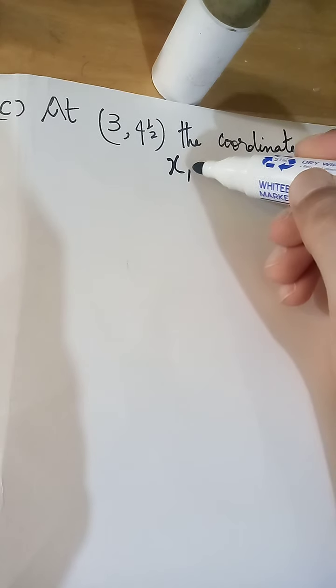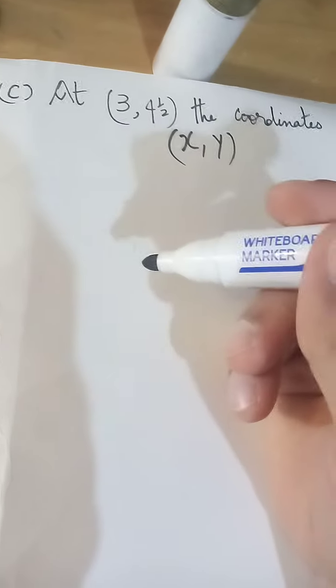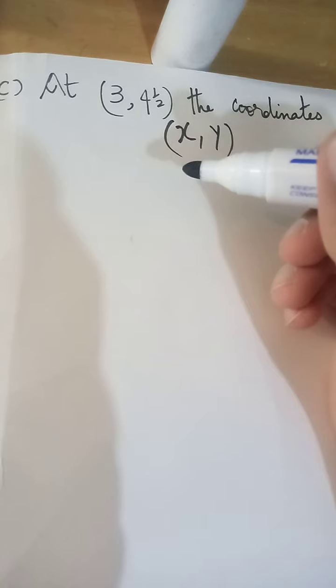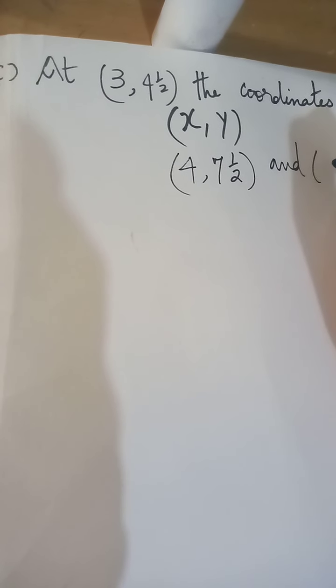The first one I'd pick is 4 and 7.5, followed by 1 and 0, well, no, hang on, 2 and 1.